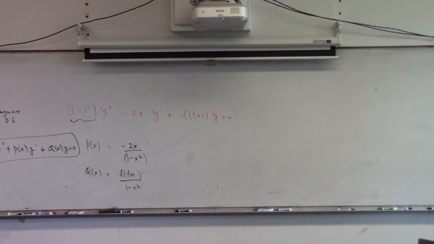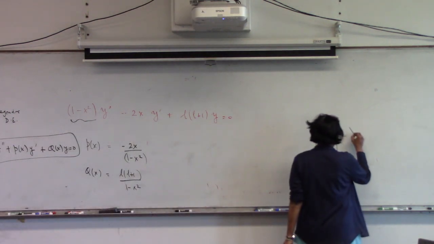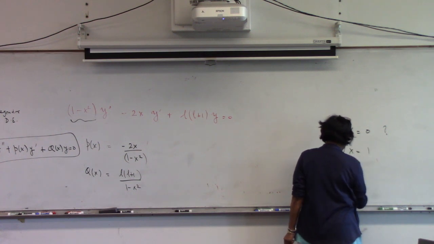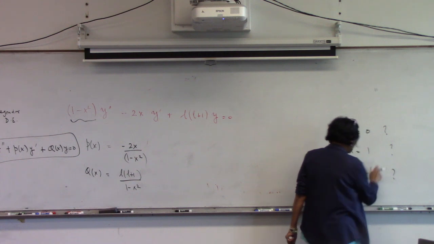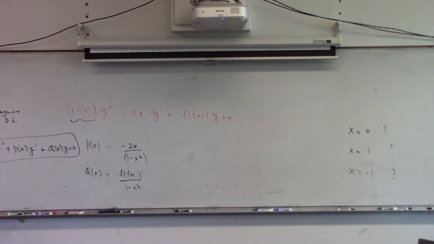What are the singularities of the function P of x? Let us classify all these points. What is this point? What is this point? What is this point? Ordinary and regular.